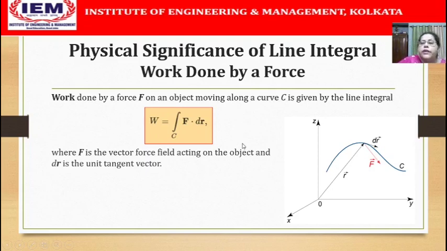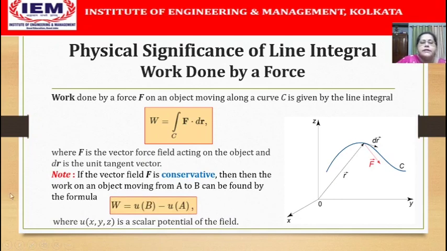So here we can easily see that the work done by a force F on an object moving along a curve C will be given by the line integral of F dot dr along the curve C, where F is the vector force field acting on the object and dr is the elementary displacement along the curve C. So finally, the work done is nothing but the line integral of F dot dr along the curve C.